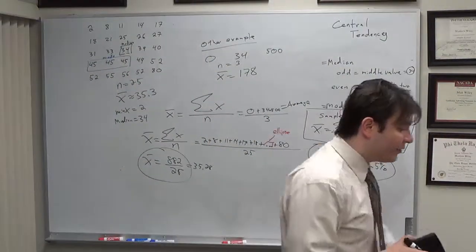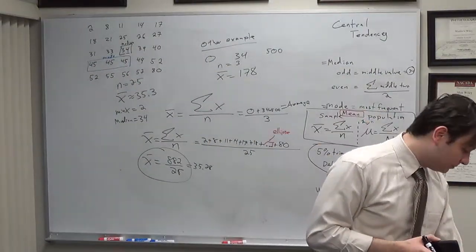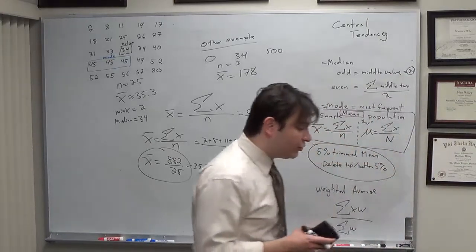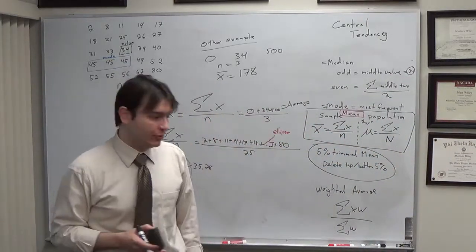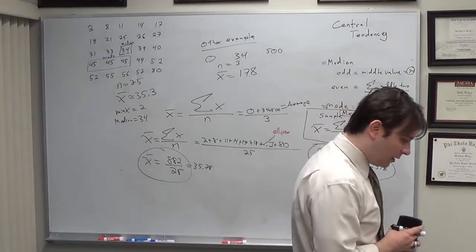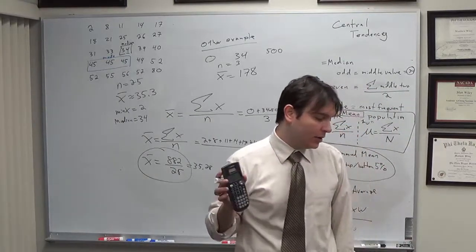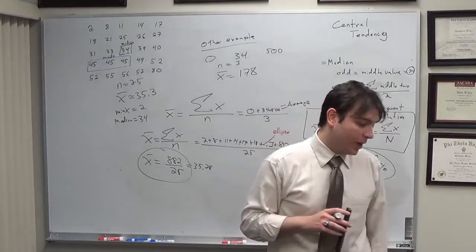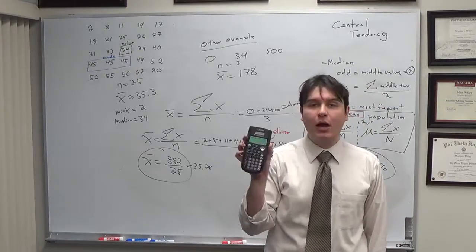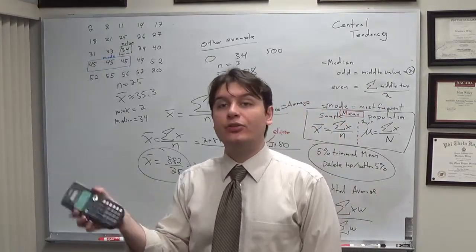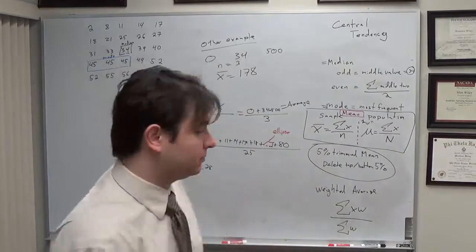My rule for calculating a 5% trimmed mean says that we're going to round to the nearest integer. And we're going to just use our normal rounding process. So here I've got 1.25, and I'm going to round myself to 1.